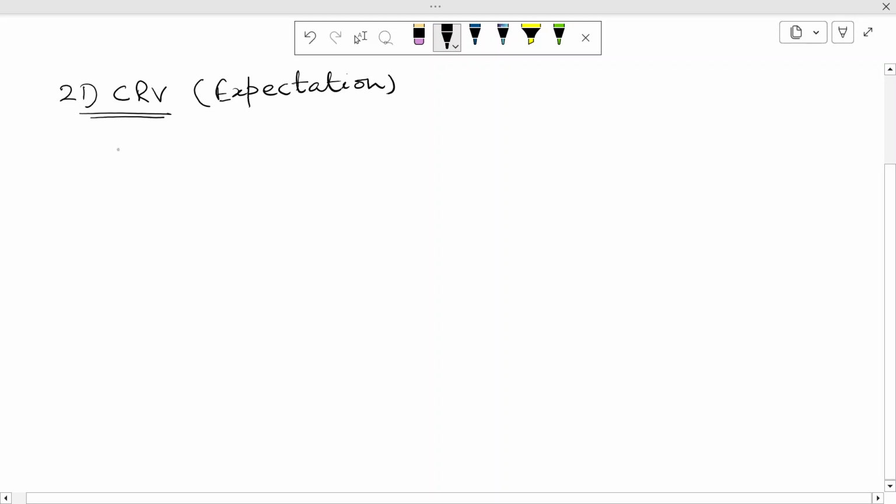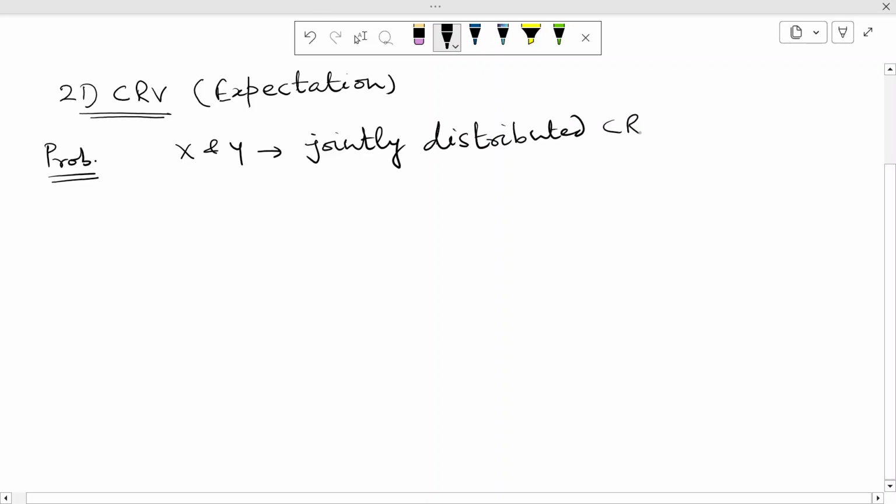So let us begin with the problem itself, and here we are given the joint PDF of a two-dimensional continuous random variable. Let us consider that x and y are jointly distributed continuous random variables with the joint PDF.